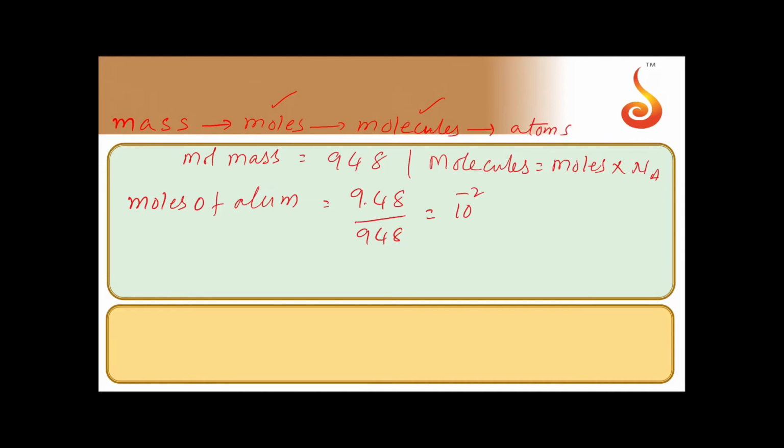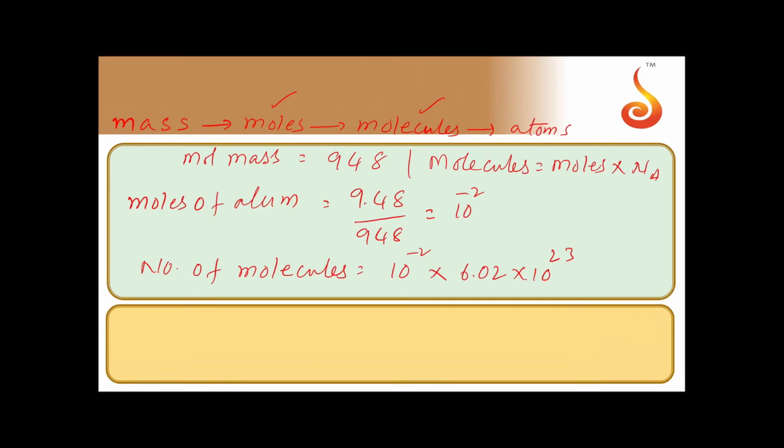When it comes to molecules, we multiply by Avogadro's number. So the number of molecules is equal to the number of moles, 10 to the power of minus 2, into Avogadro's number 6.02 into 10 to the power of 23. So many molecules are there.